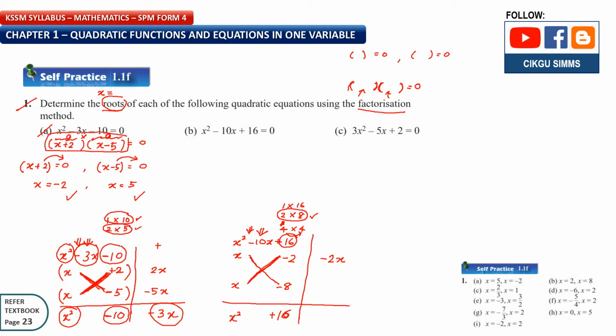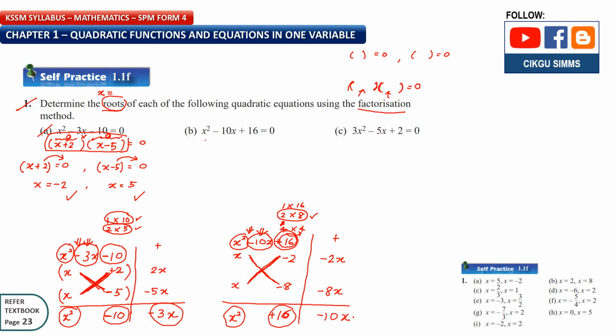So for the second one, is negative 8 times x is negative 8x. So we plus these two together, negative 2 plus negative 8, you get negative 10x. So you can check negative 10x is same like this. And then these two times together, you get positive 16, and then x squared and x squared.